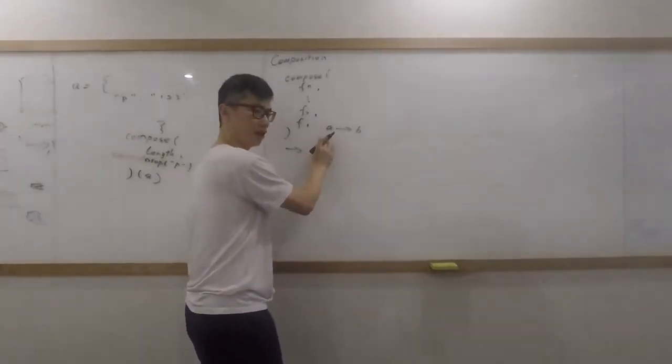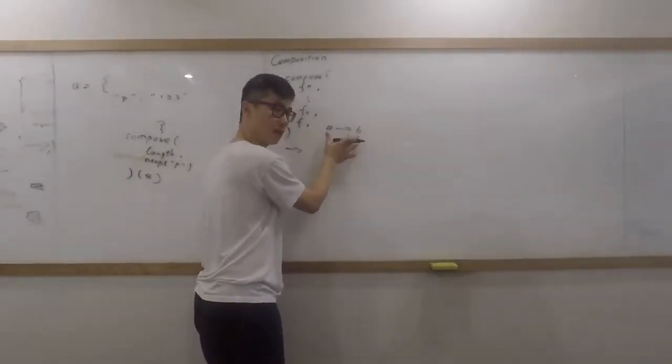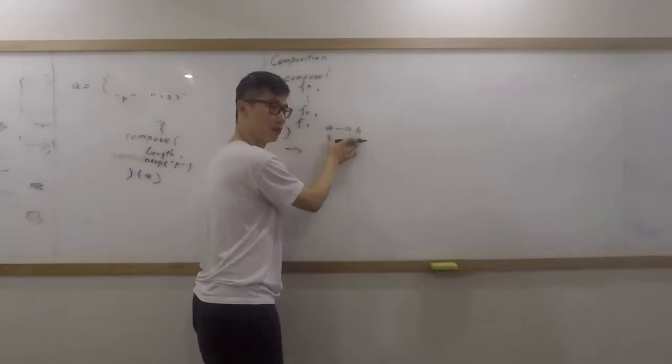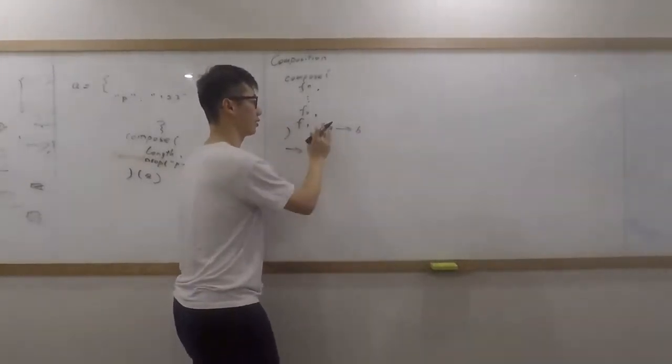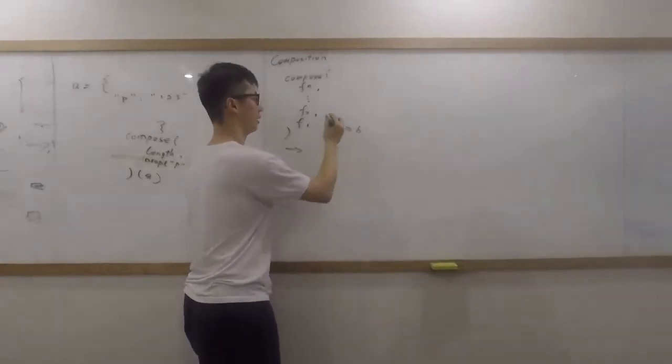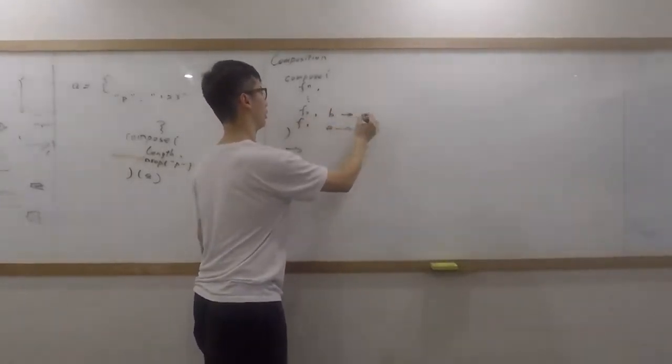So it takes any type A, produces any type B. A and B may be the same type, right? But it's A to B, just to illustrate this function takes a type A, produces a type B. And this function must take B to C.